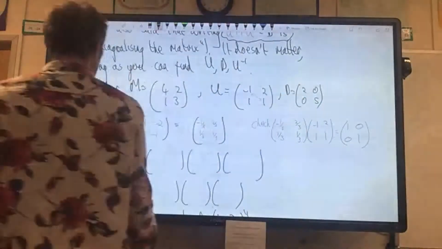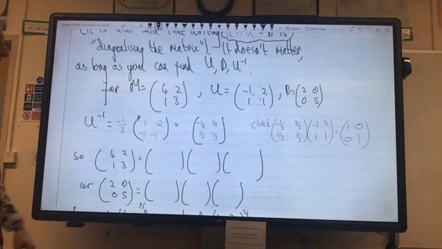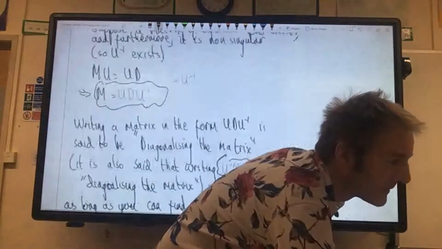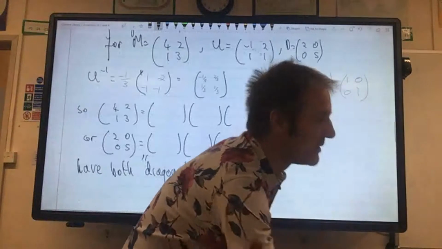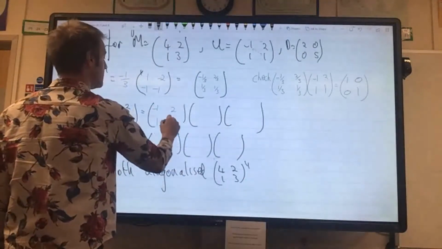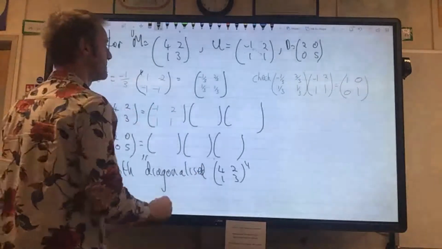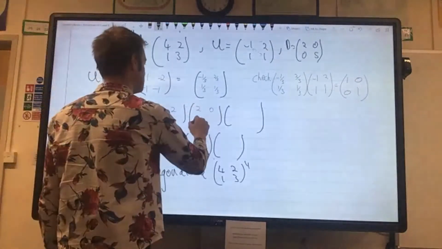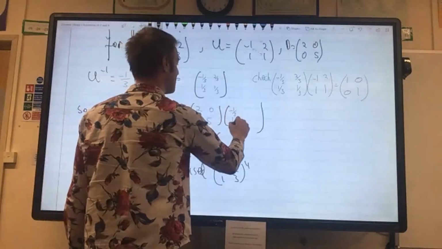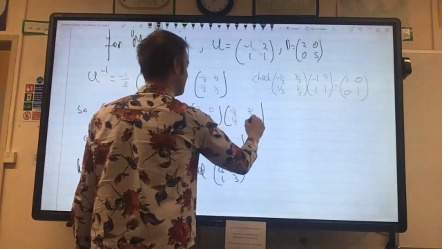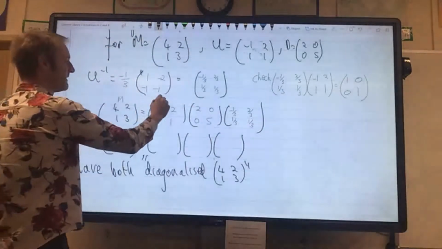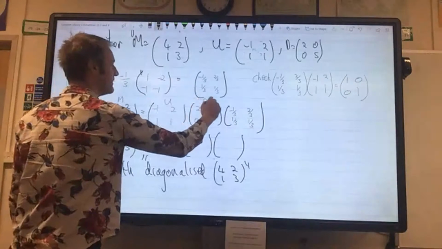Okay, so what I'm claiming is that the matrix 4, 2, 1, 3 is the same as U times D times the inverse of U, and that is having written M in the diagonalised form.